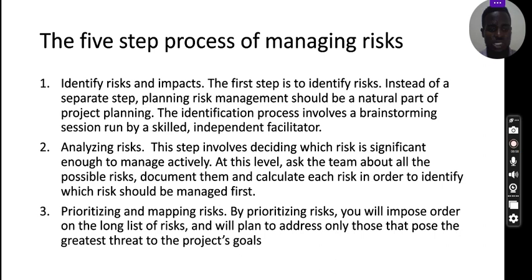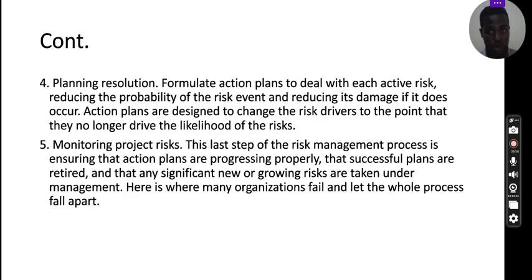Then planning the resolution. After you have prioritized, you now say, how can we deal with that risk that is actively going to happen? We are saying that you formulate action plans to deal with each active risk, reducing the probability of the risk event and reducing its damage if it does occur.